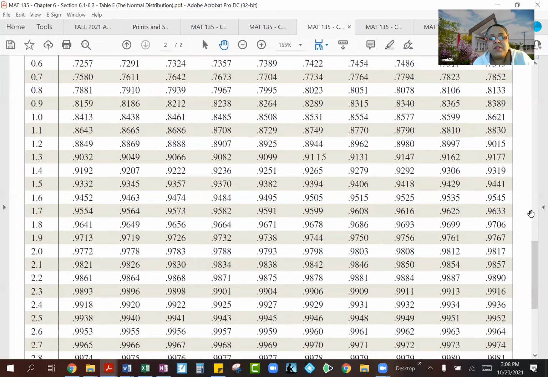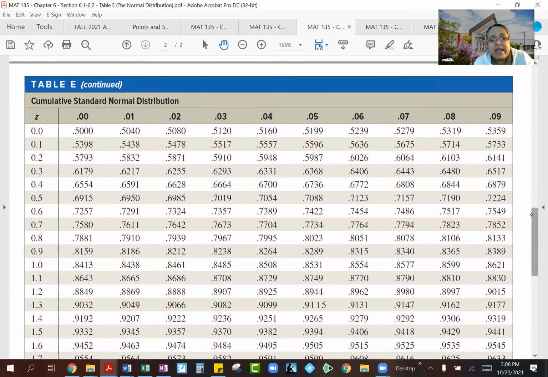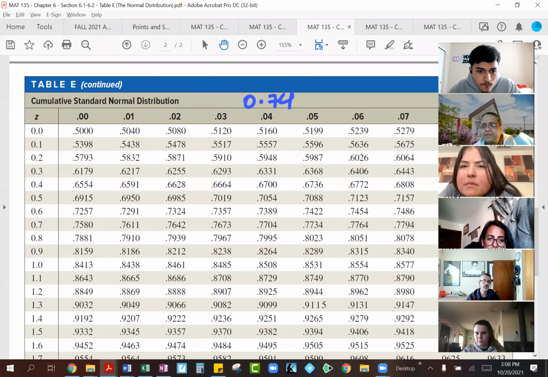So let's start out with our z-score of 0.74. Looking at our table, what area are you looking at for that z-score of 0.74? Left column 0.7, top row 0.04.